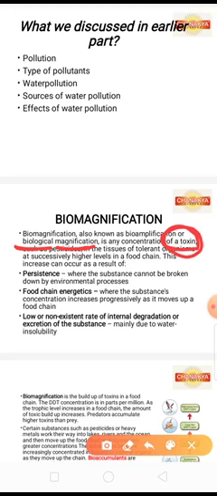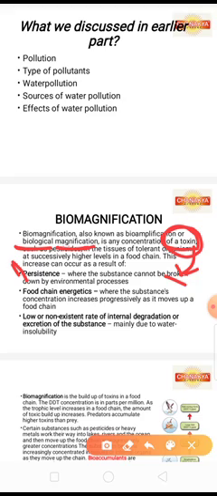And why is it caused? Because the substance cannot be broken down. The toxic which we are consuming will not be broken down, so from one trophic level to another the concentration is passed on.